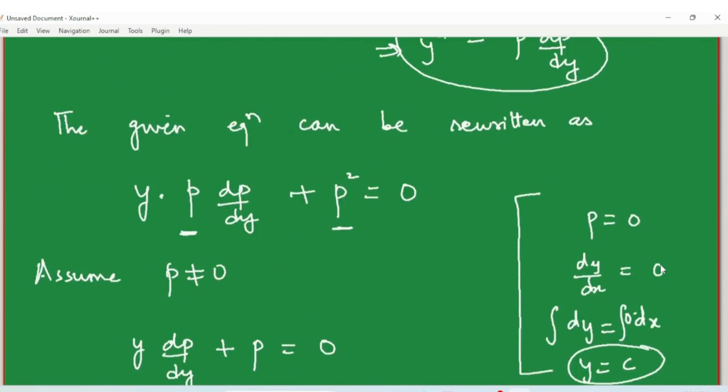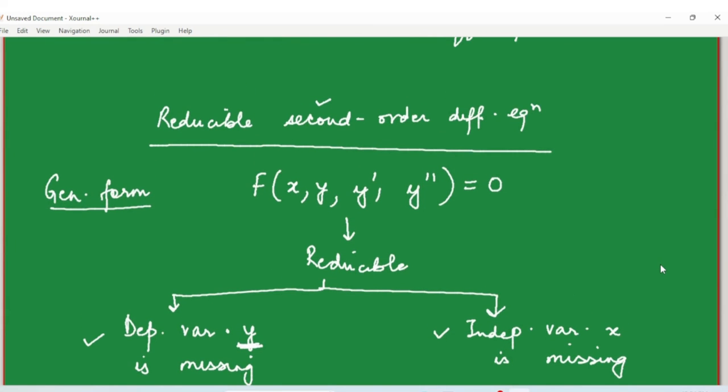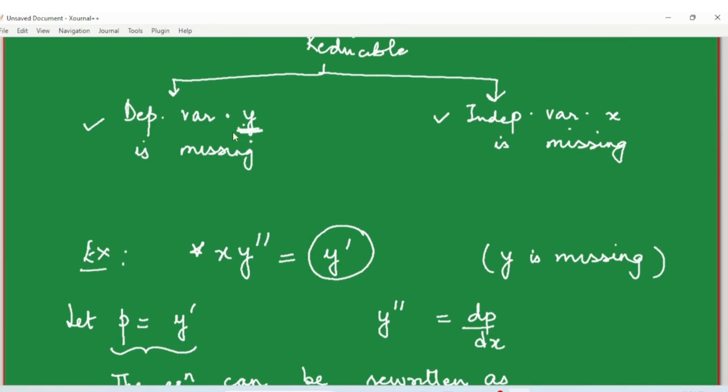So that means a second order differential equation can be reduced to a first order differential equation if either the dependent variable is missing or the independent variable is missing. If the dependent variable is missing, you just have to call y dash as p and your y double dash will be dp by dx.